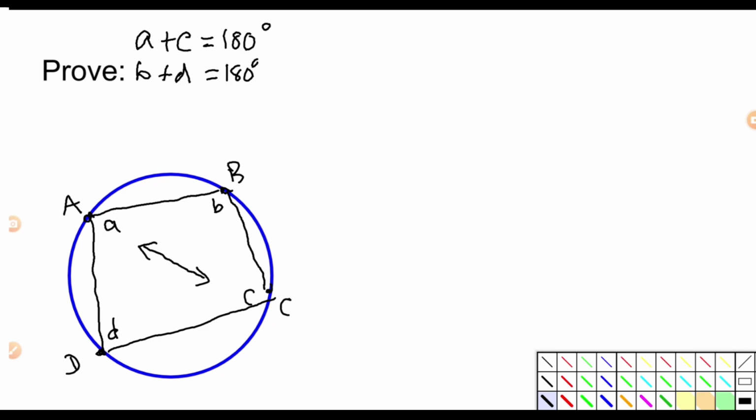So the first thing we notice, very similar to our last proof, is that angle A is an inscribed angle. So that's the first thing we notice. And remember, we always have a statement and a reason, and we know that because it's just given to us. So that is just given to us in the diagram that we have there.